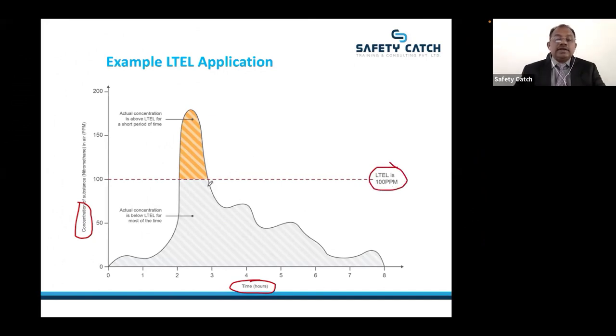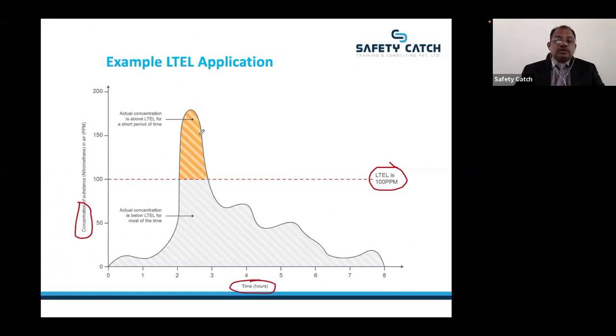So you can see that during the duration from 2 hours to 3 hours, almost 1 hour, the concentration has crossed the LTEL. But if you look at the average, it is within the LTEL, so there was no issue. Okay, but it has crossed.